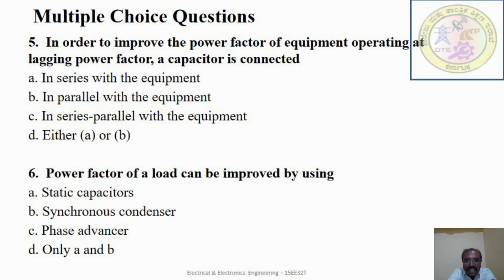The option is D. The power factor of the load can be improved by using static capacitor and synchronous condenser, and the phase advancer is only to improve the power factor in induction motors above 200 HP. Where there is no chance of using a synchronous condenser, there is a chance of using a phase advancer.